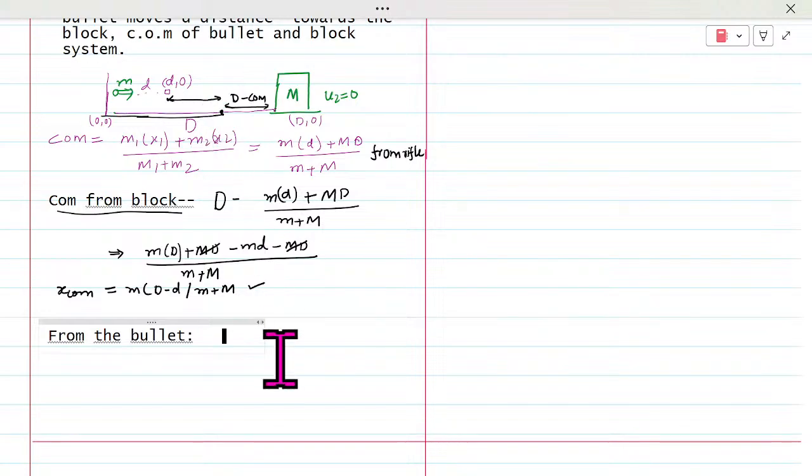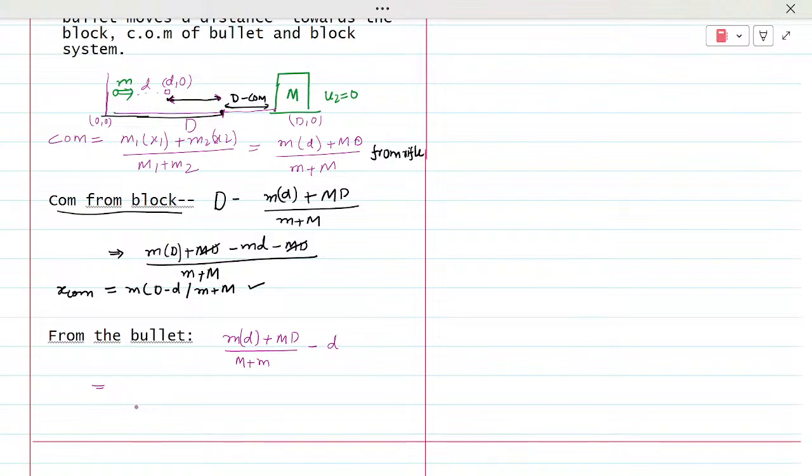So here you can see from the bullet, this is already the center of mass point. Therefore the center of mass point means (small m D plus capital M into capital D) by (capital M plus small m), minus small d from the bullet.